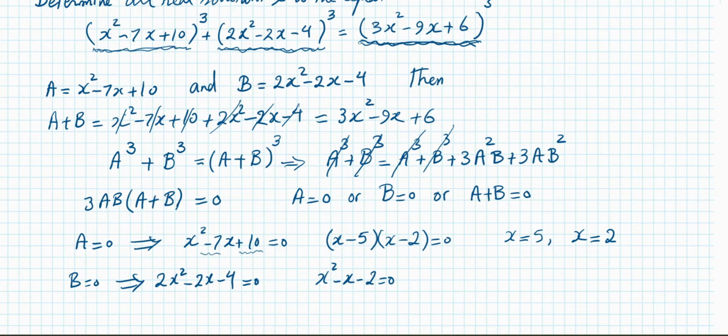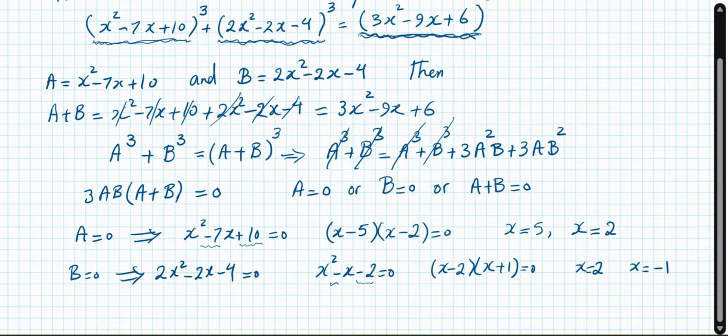And what are the two numbers that if you multiply them is minus 2, add them together is minus 1? So it is (x minus 2)(x plus 1) is 0. From here we find that x is equal to 2 and x is equal to minus 1.